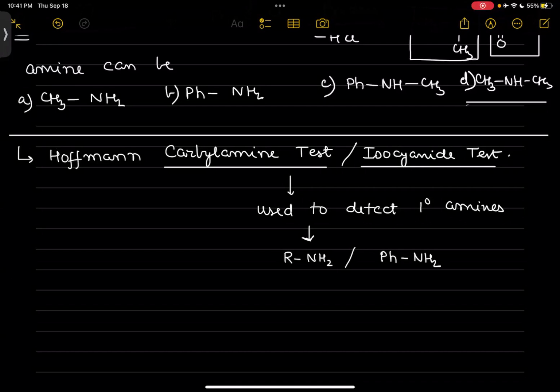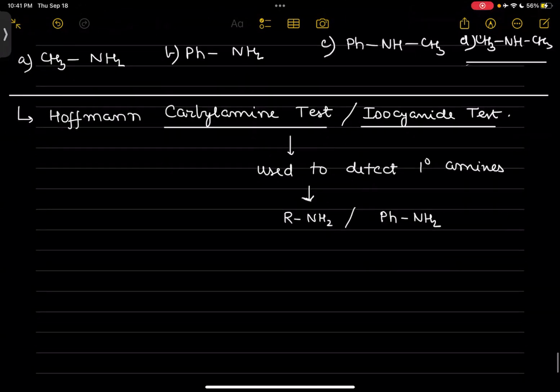That we need to check. So first take the primary amine. Got it? Then the reagent which is used is CHCl3.